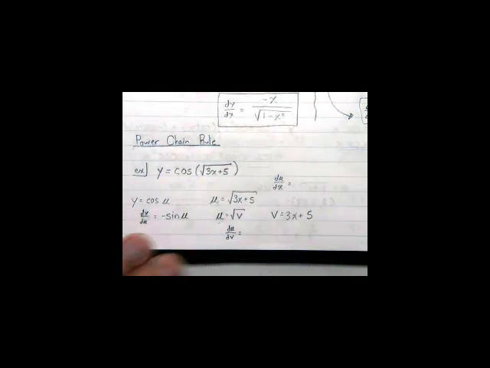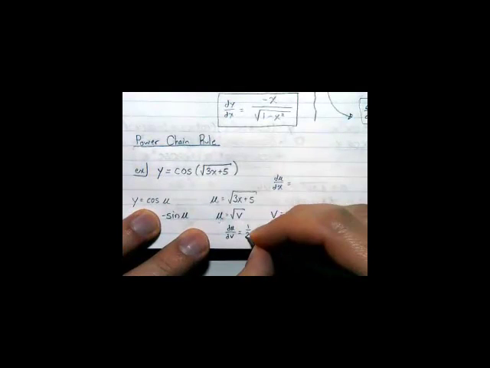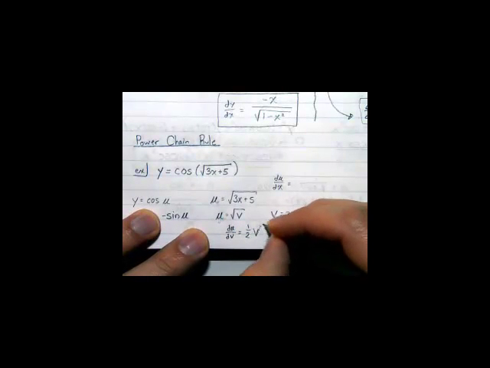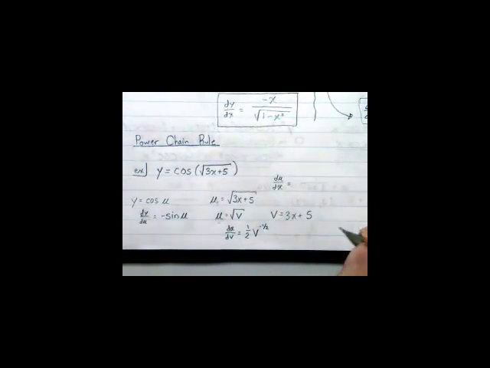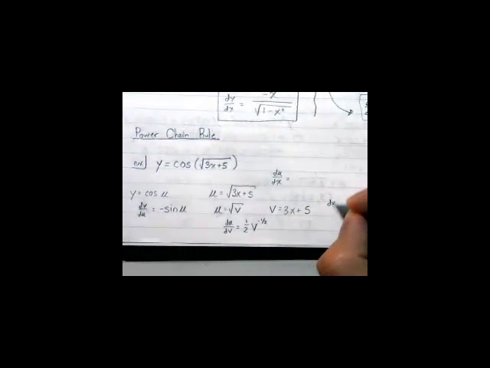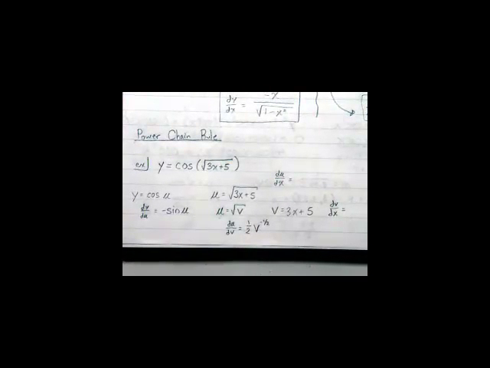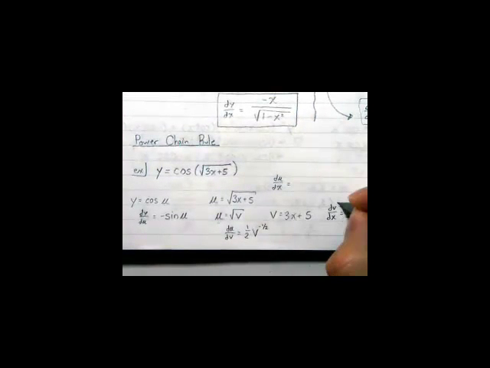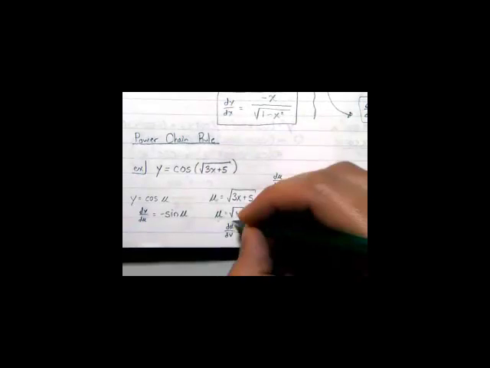So that's going to be 1/2 v to the negative 1/2, and we'll simplify all that later. But then I also have a dv dx that I need to take care of over here now. What's that? 3.